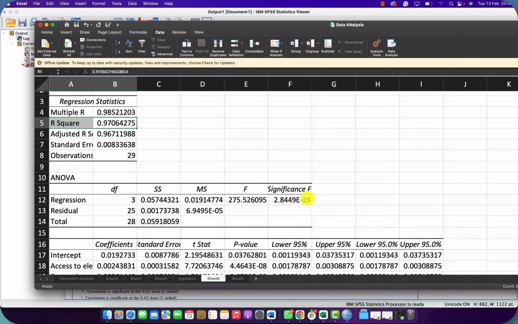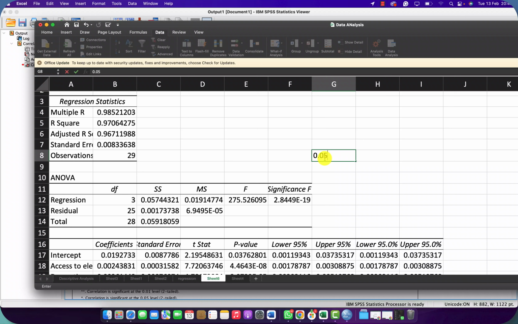Another finding you also relate with is the significance level, which is 0.00000000, showing that it is highly significant, because what you'll be checking for when you want to discuss the results is 0.05. Any number that is lower than this is significant, but any number that is greater than this is not significant.